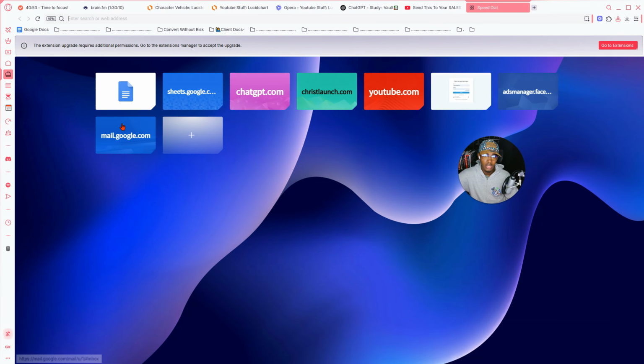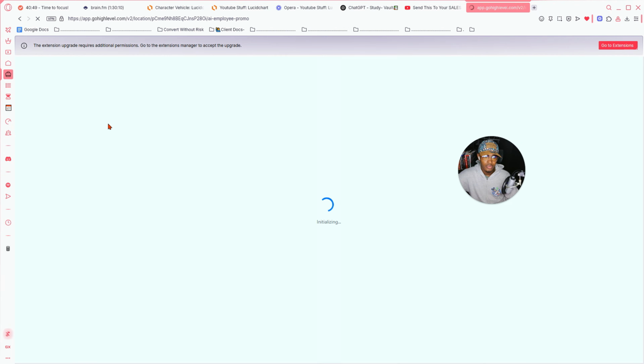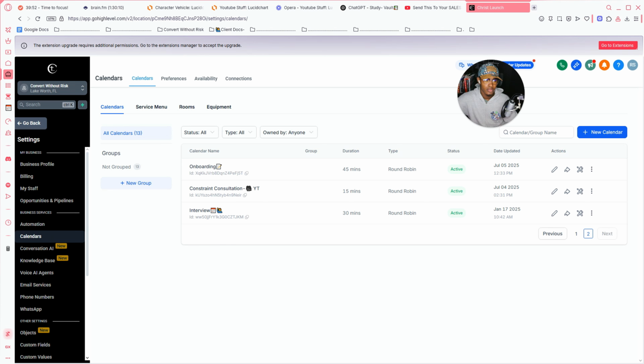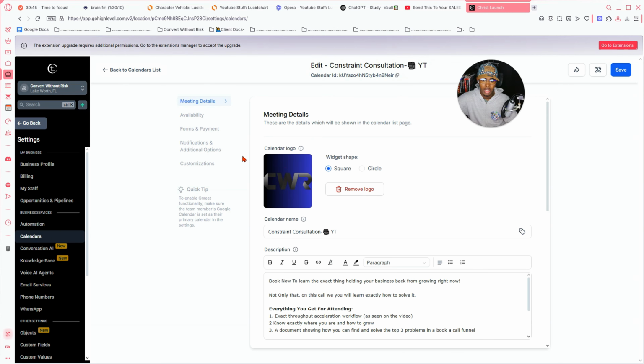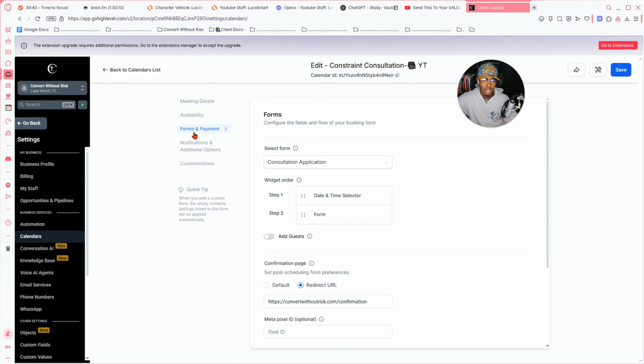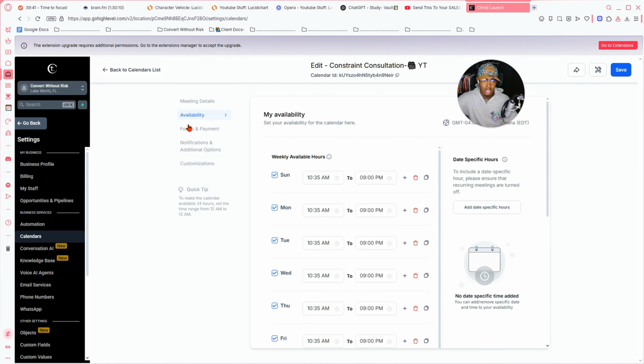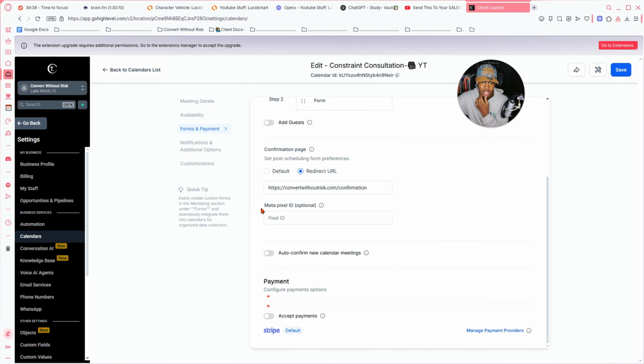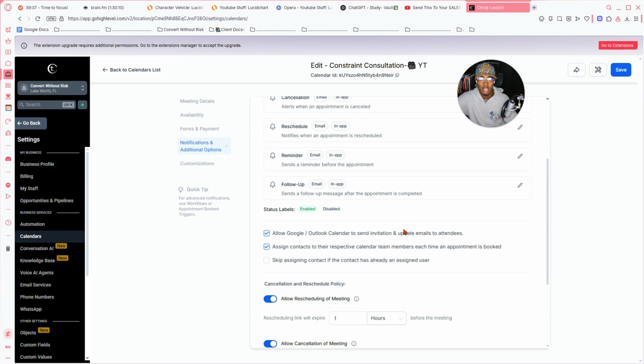If you don't know how to do this in Go High Level, I'll show you real quick. All right, so let's go to my calendar, Constraint Consultation, the YouTube calendar. And as you'll see, I think it's forms. Okay, yes, under notifications.